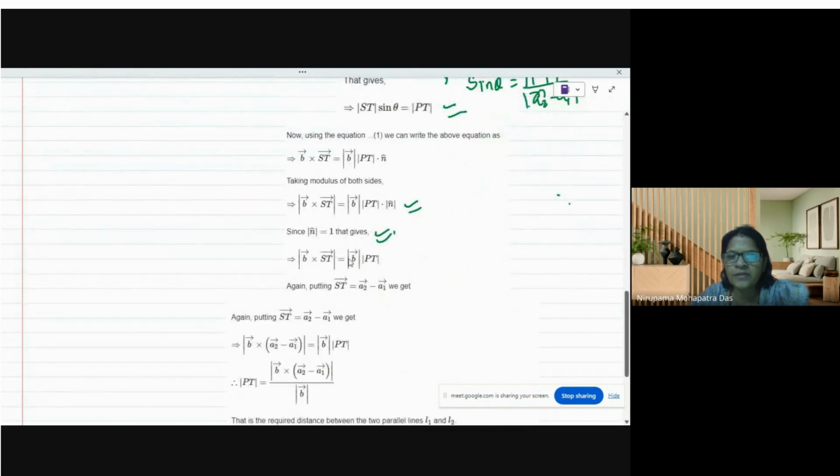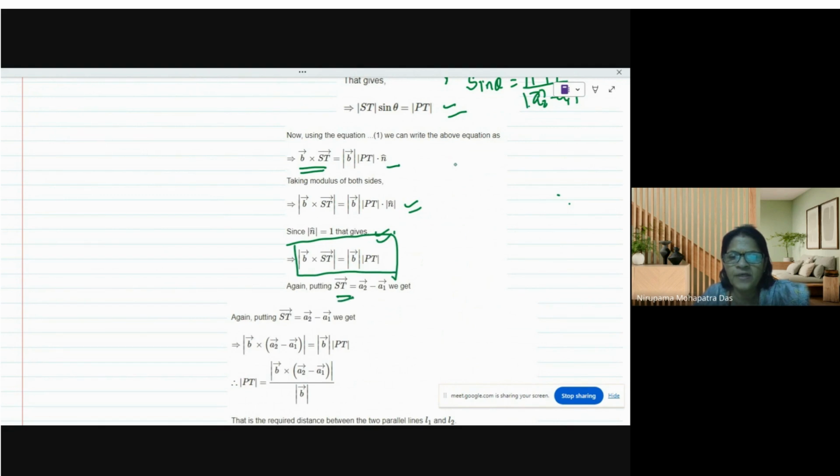Now in equation 1, the cross product of B and ST is magnitude of B into magnitude of PT into n cap. So the magnitude of B cross ST is magnitude of B into magnitude of PT.